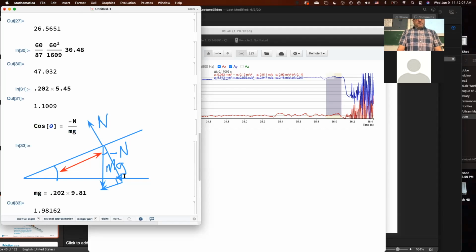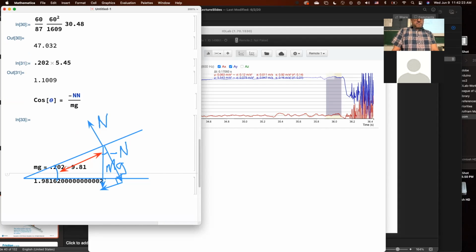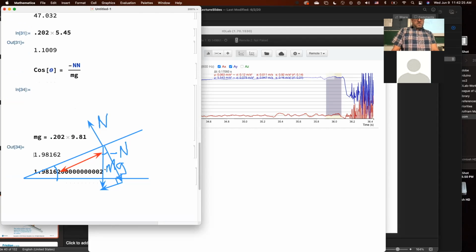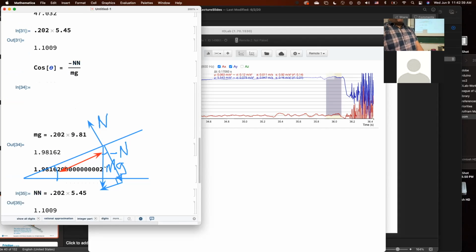And then my normal force, I'll call this capital N because I think N is already taken by something. I'll say capital N is equal to 0.202 times 5.45. Okay, so 1.1.